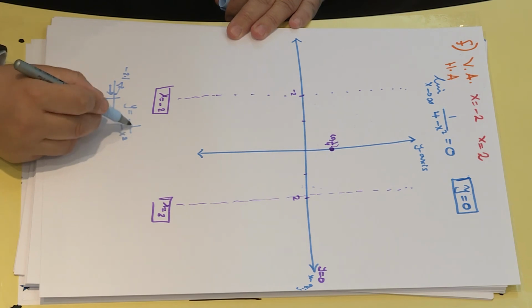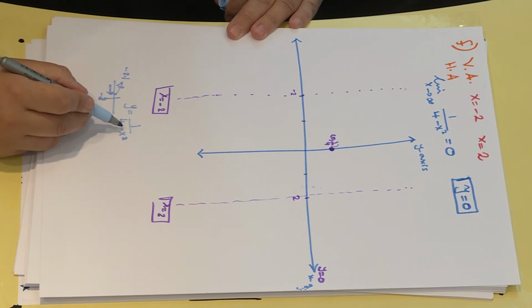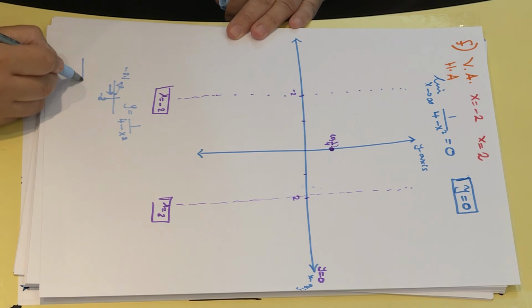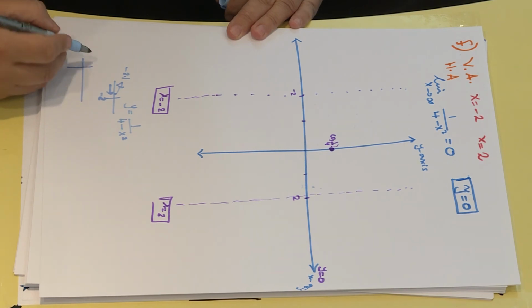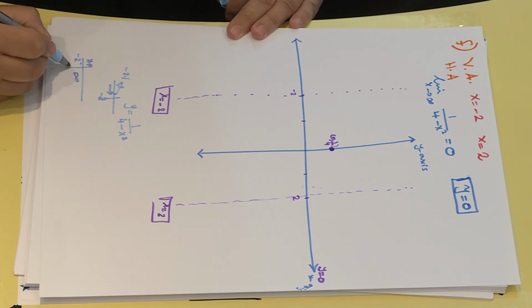Do you expect the sign to be plus or minus? Yes, it's minus. So I know that as x goes to -2 from the left, y will go to infinity. And if it goes to -2 from the right, it also goes to infinity. But which infinity? Plus or minus infinity?